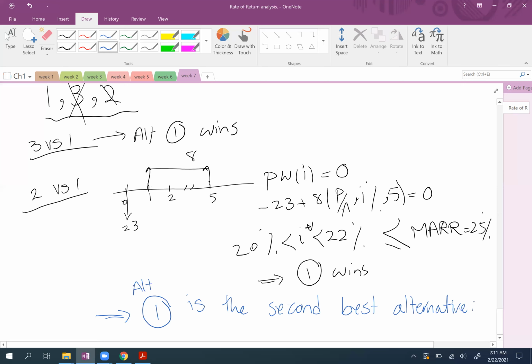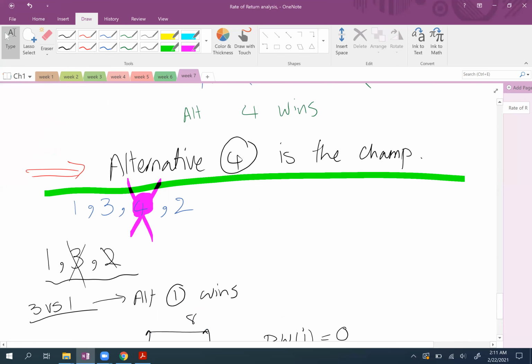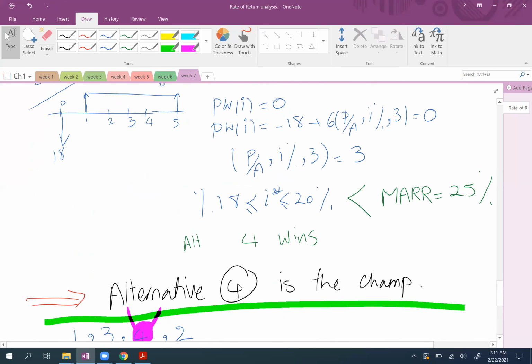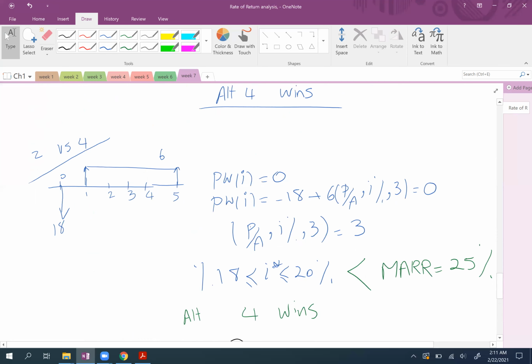So again, be careful. Let's say you selected the first best alternative and it was alternative 4. If I ask you to determine the next best alternative, don't just say, okay, so the last comparison was between 4 and 2, so if 4 is the best, then the next best alternative will be 2.